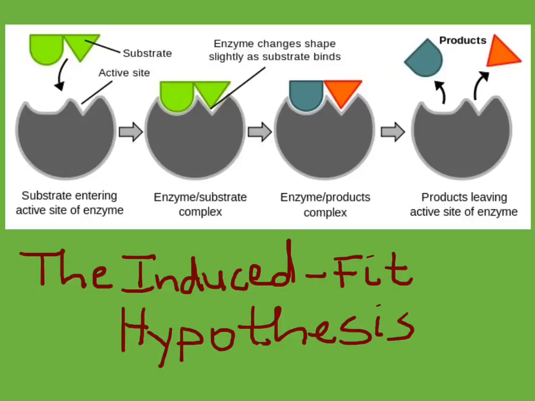Because if you look at the second diagram, you see that the active site changed to accept the substrate. So that shape is different from the first diagram and the last diagram. So at the end, the enzyme takes its original shape so that it can go and start another reaction or another biochemical process.